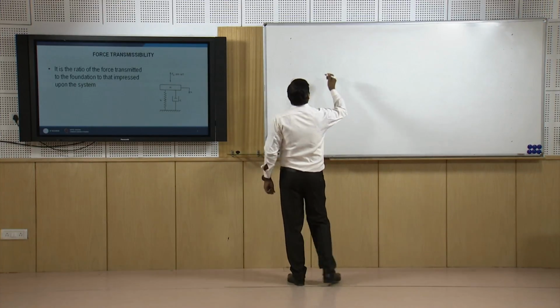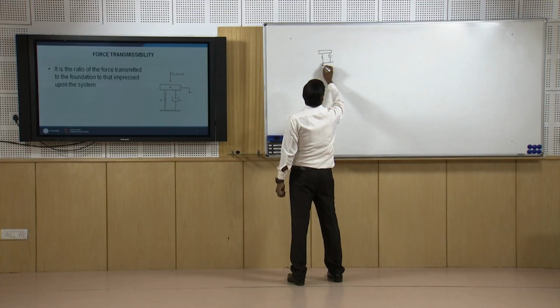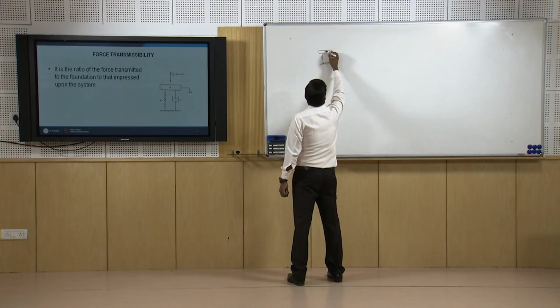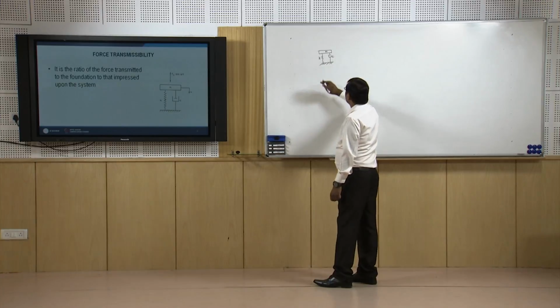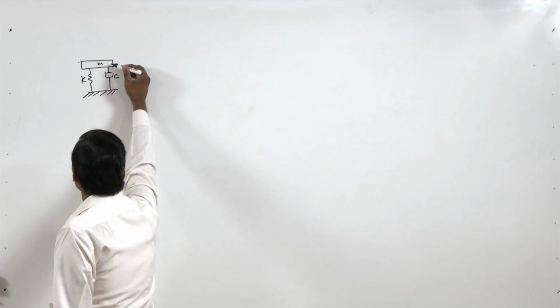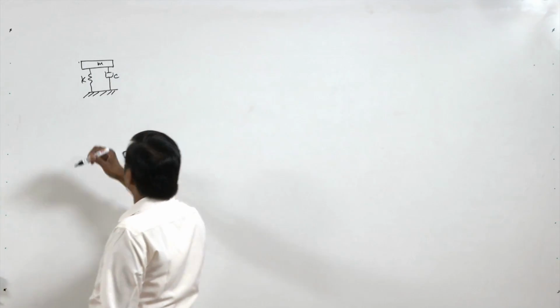So we have this system. This is the mass, this part is the isolator, so it has some stiffness and damping, this is the machine that is kept on this isolator, and this is the foundation.